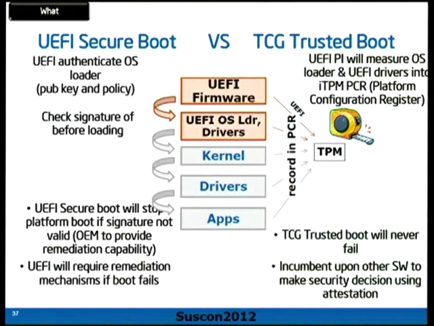And then there's trusted boot, which is a way of measuring, not just checking to see whether I'm going to run something that actually is signed, but also, when I do run something, I measure that image, that PE/COFF image, from the flash or from the disk, and then put the hash of what I executed into a PCR register in a TPM. So one is talking about trusted boot. I'm actually going to measure and make sure that just because something is signed doesn't mean it isn't a piece of malware.